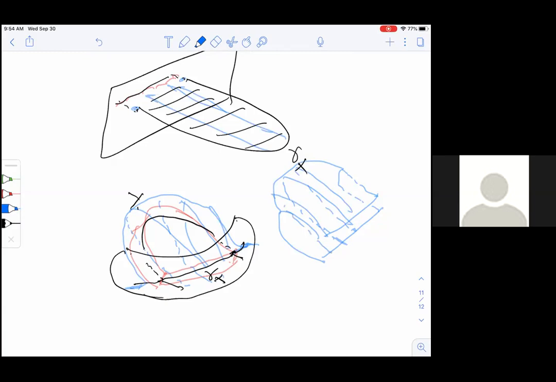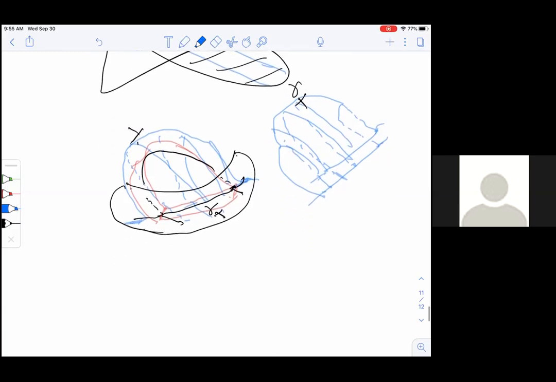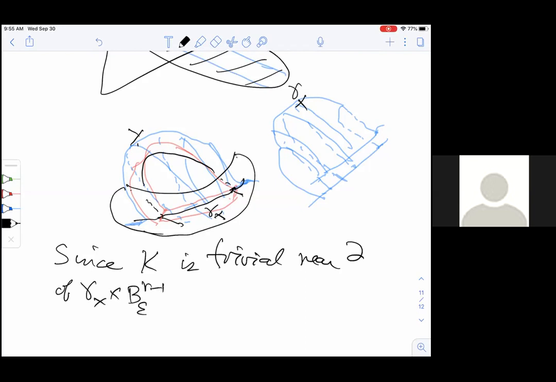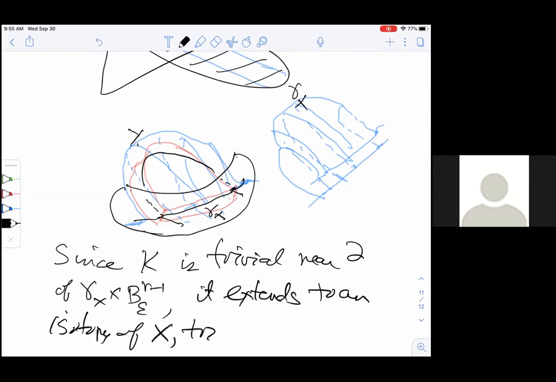You see the isotopy agrees out near the boundary with what you started with to begin with. And therefore, I guess the next step is, since K is a trivial isotopy near the boundary of gamma x cross b epsilon r minus 1, it extends to an isotopy of x trivial outside this region.